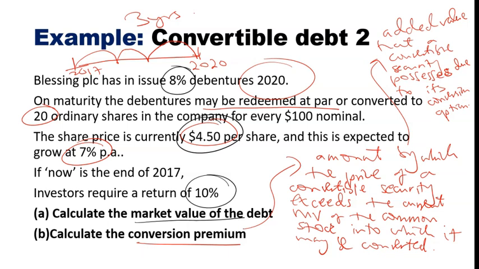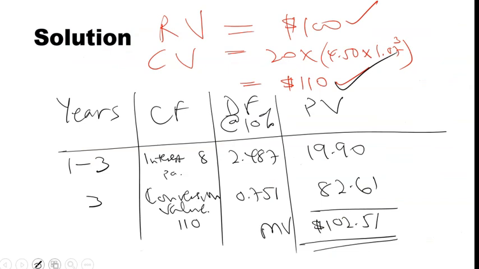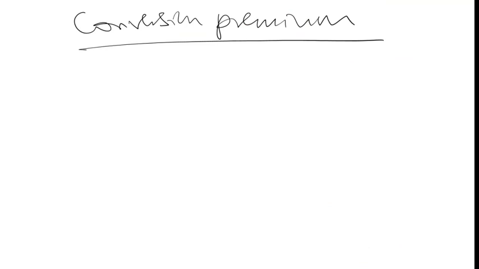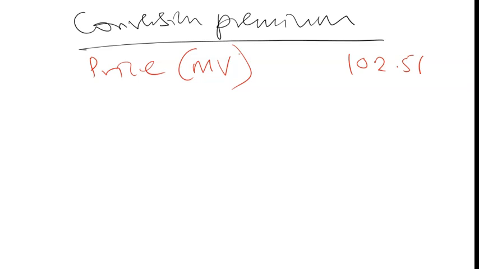And the price of this security is 102.51. That's the market value from our computation, right? But this is the market value in 2020.